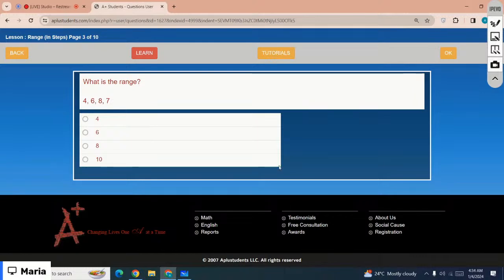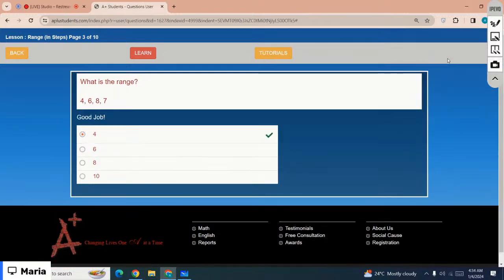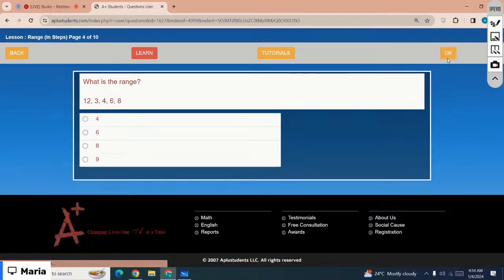The correct option is 4. You take too long to answer. The next one is, what is the range? That is 8 minus 4, not 7 minus 4. Be careful. What is the range? Which is the correct option? That is 12 minus 8. The correct option is 4.